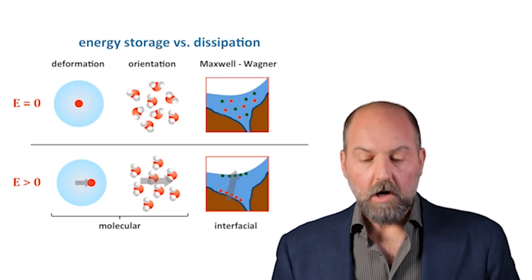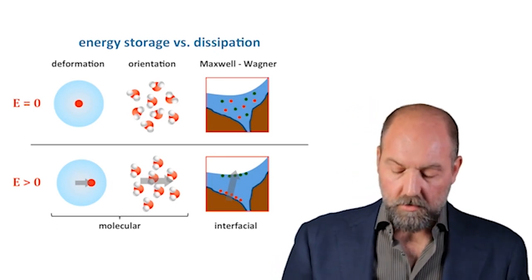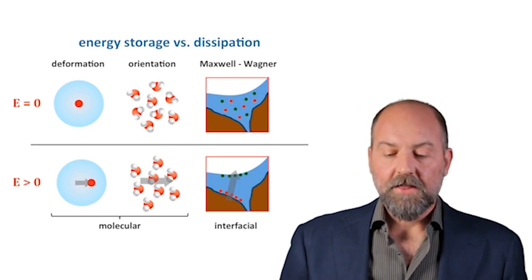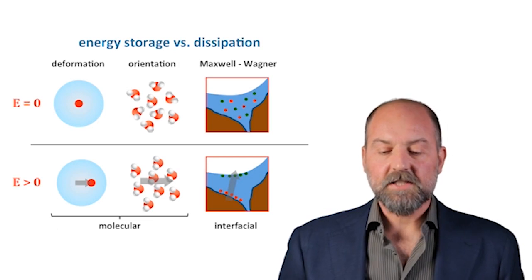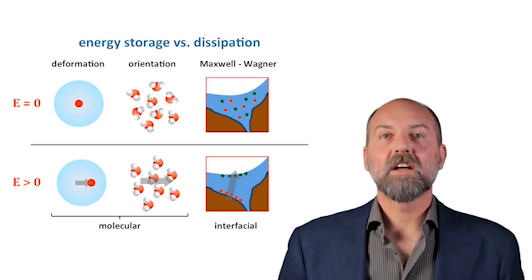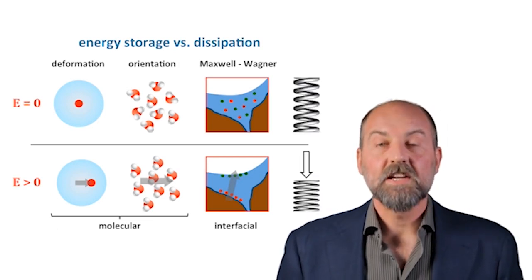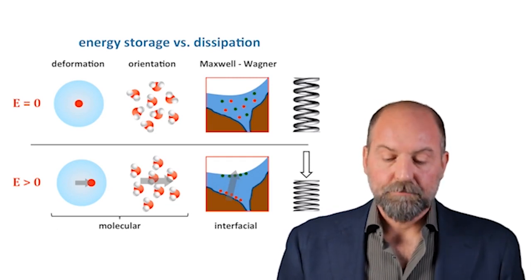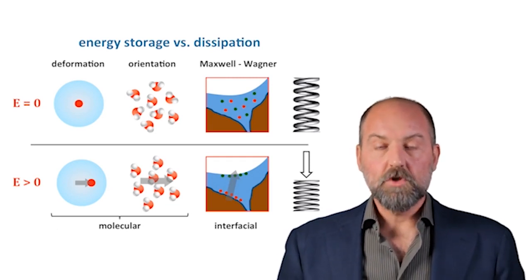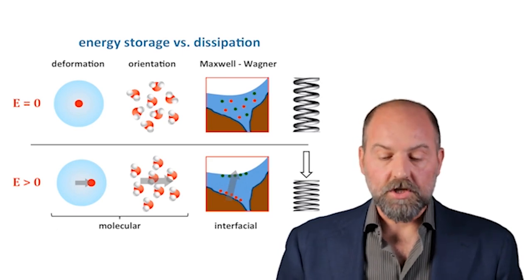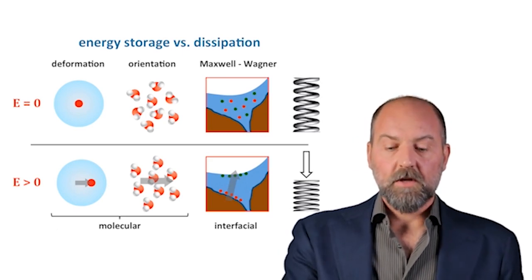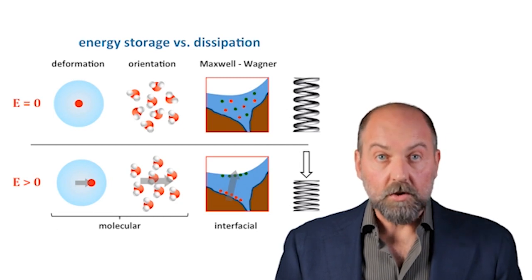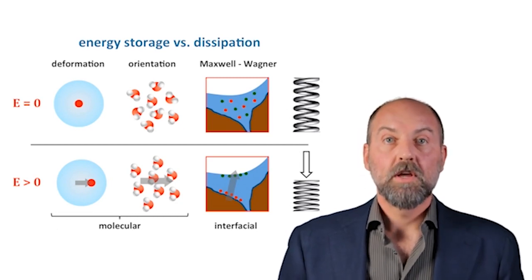Now, these three mechanisms that we have described, the polarization by deformation, orientation, or the interfacial or Maxwell-Wagner polarization, all have something in common, which is worth mentioning here, and that is that in each case it takes energy to polarize our system. In other words, if we do not supply energy, the molecule will not deform.